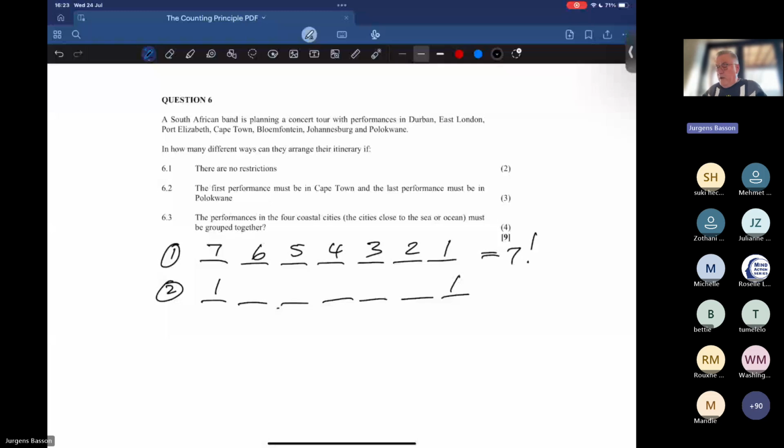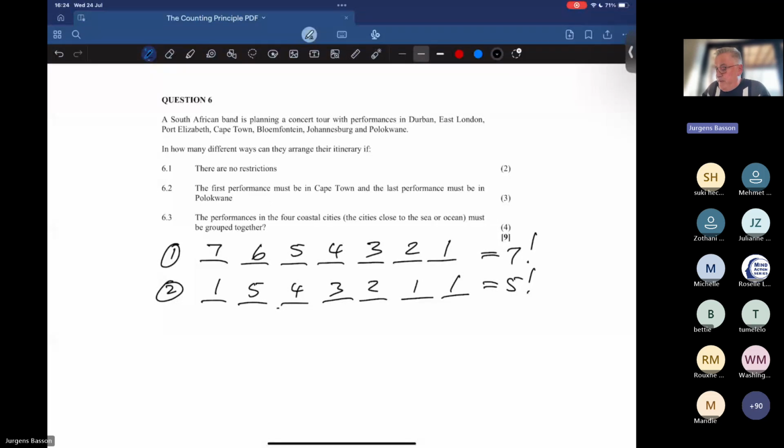That is only 1 and 1 in those positions. In between these 5, no restriction. So we place 2 cities. We've got 5 cities left, and that is 5, 4, 3, 2, and 1. And you will agree this is 5 factorial. Like I said before, this one and that one have no impact.